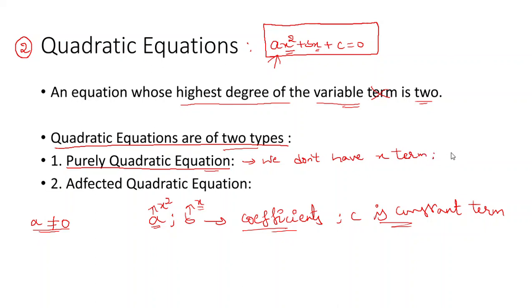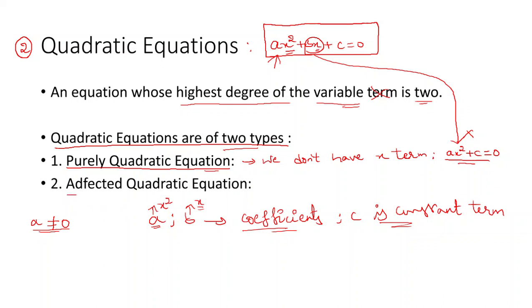This implies ax square plus c is equal to 0. This is a purely quadratic equation, because the x term is absent here. We call such equations purely quadratic equations, because they don't have x terms.